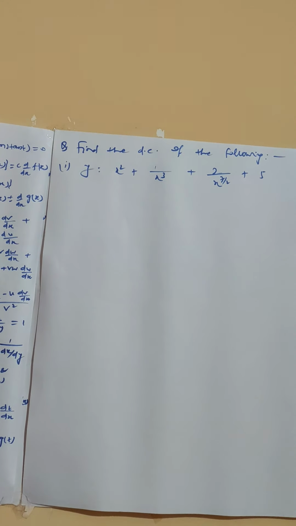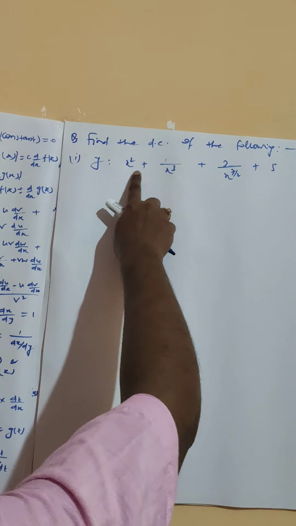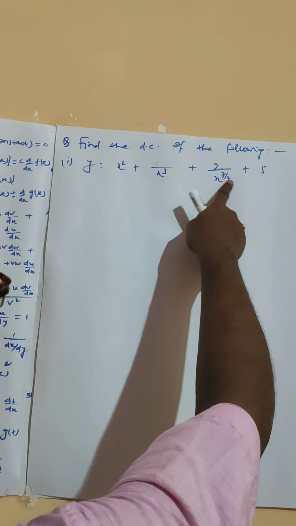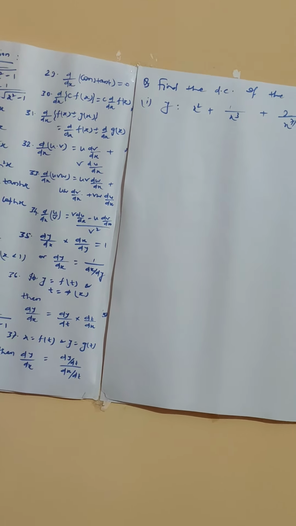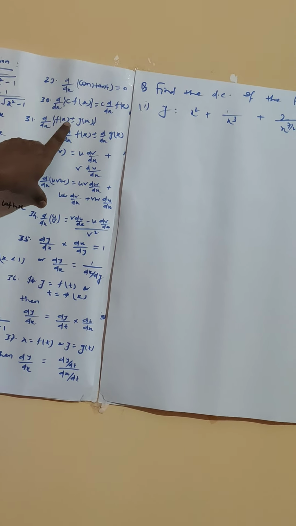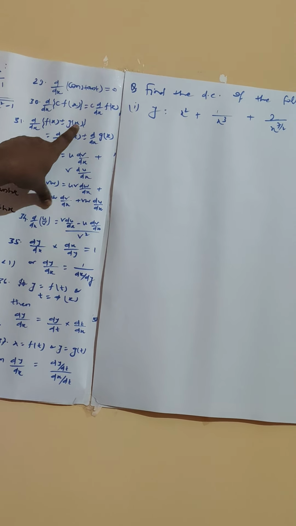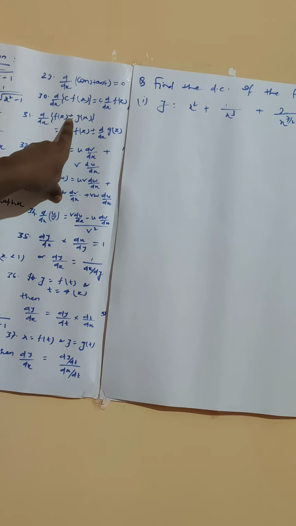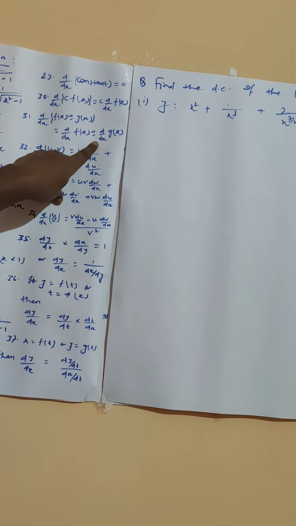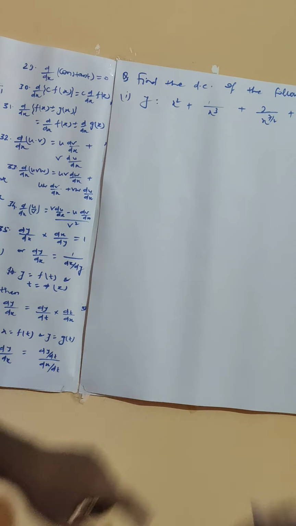Find the derivative. Here there are more than two functions. We can use the result d by dx of f of x plus g of x equals d by dx f of x plus d by dx g of x. For plus we can write plus, for minus we can write minus.